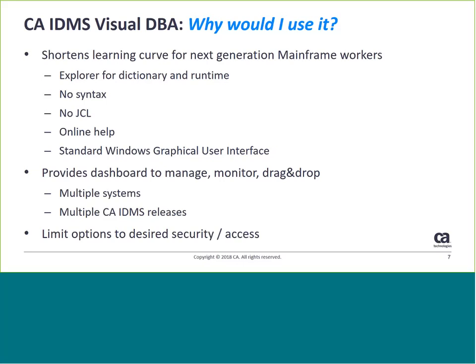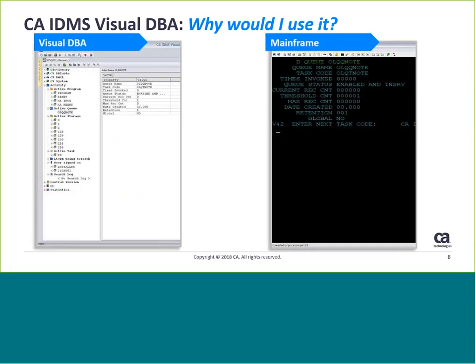It's also got a drag and drop facility, so if you have a definition that you've already created in one dictionary or in one central version and you'd like to copy it to another, it's a very easy drag and drop type way to do that. There are also ways within Visual DBA to limit people's access to whatever you desire their security and access to be. And I'll talk about that more towards the end.